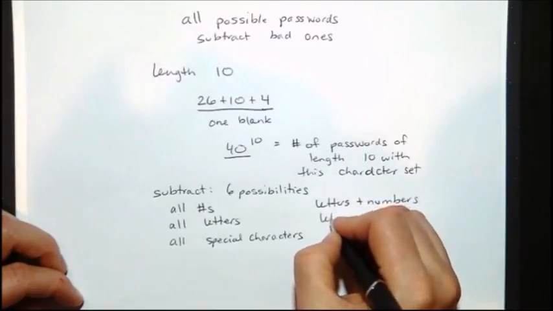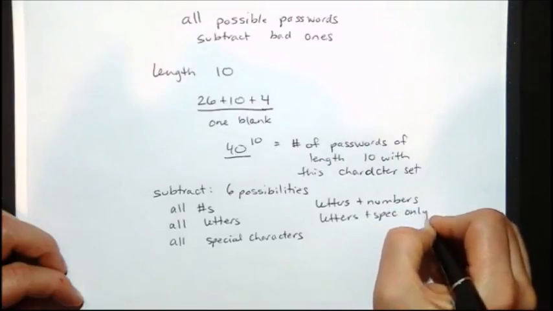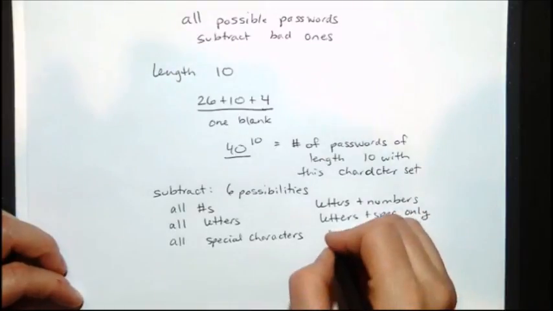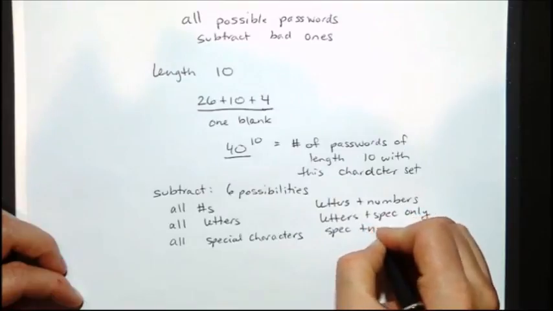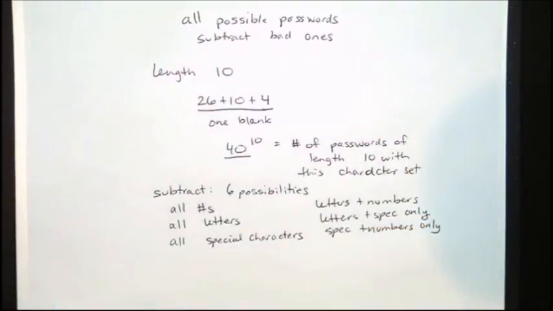And letters and special characters only. And if we have special characters and numbers only. Now this is a lot less than all the different ways of adding up the number of exact counts for each of those different things.